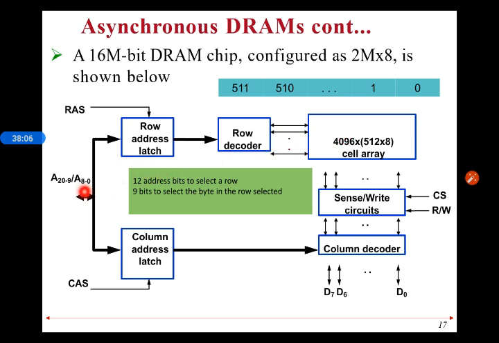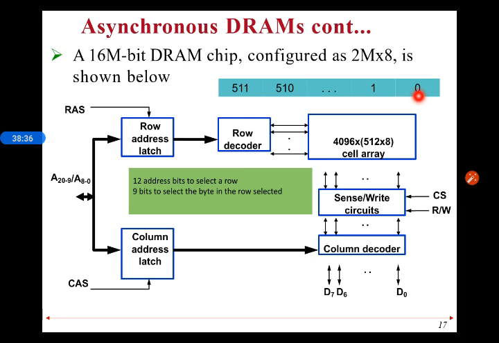The remaining is 512. To address 512 we need 9 bits, and we use those 9 bits to select the column. So A9 to A20, that is 12 bits, are used to select the row, and the remaining 9 bits are used to select either this block or this block or this block.